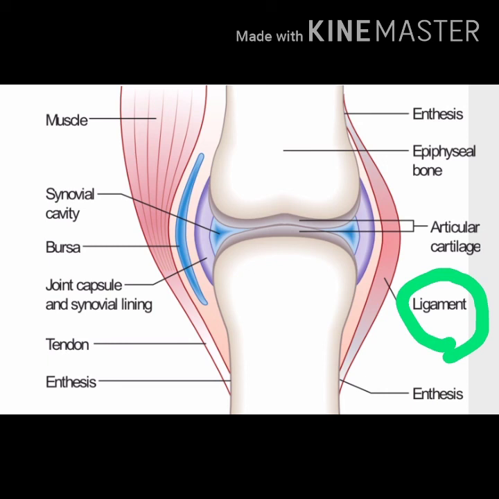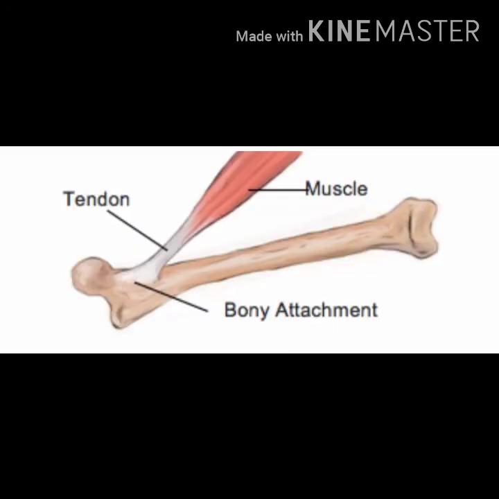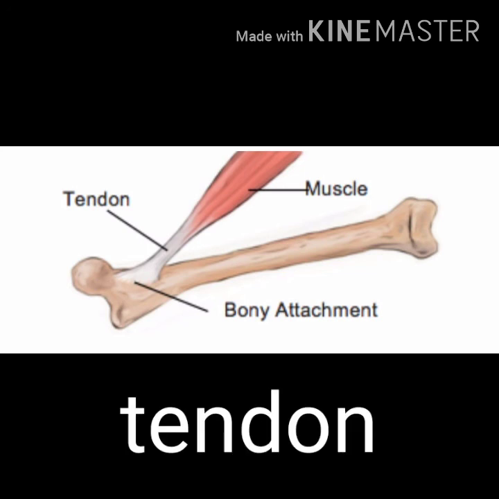Then the tendons connect bone to muscle. When we take the example of our hands and legs, we can see strong muscles are there. These muscles are connected to the bone by another strand-like part, and that is the tendons.